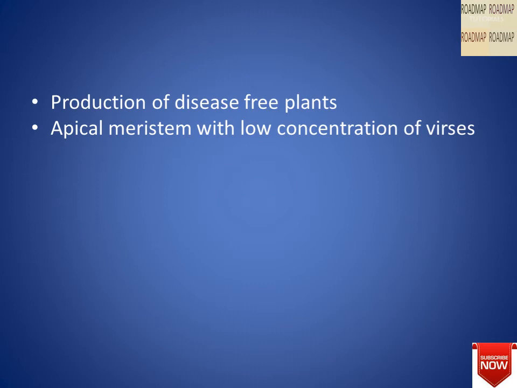Then the continuous dividing of meristematic cells with high metabolic activity does not allow viruses to multiply. And virus replication is inhibited by a high concentration of endogenous auxin in shoot apices.